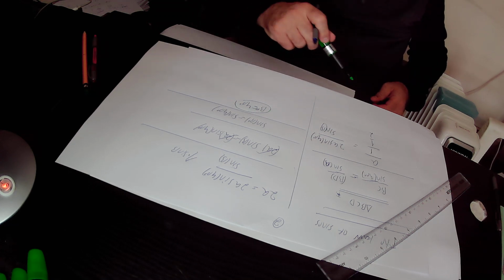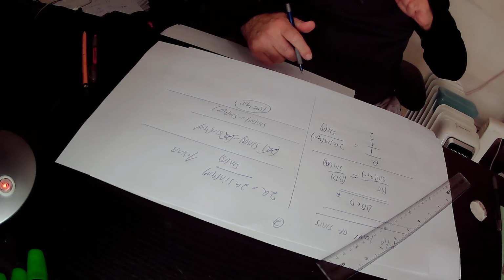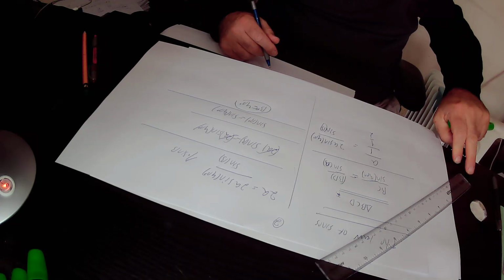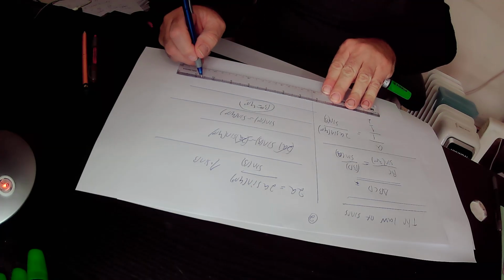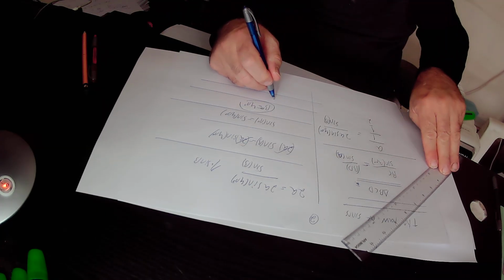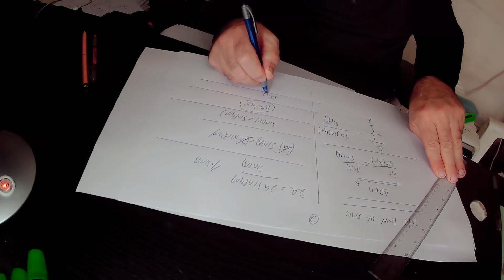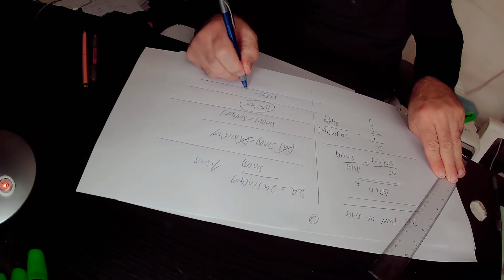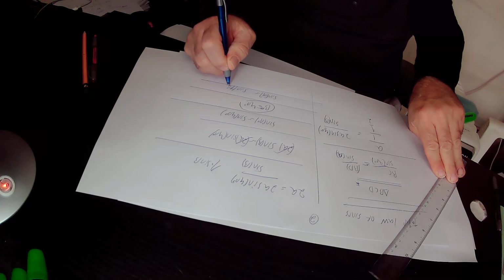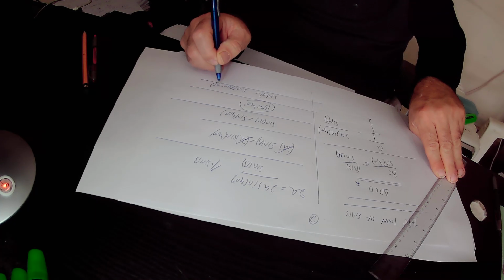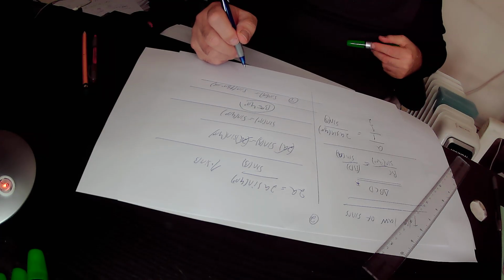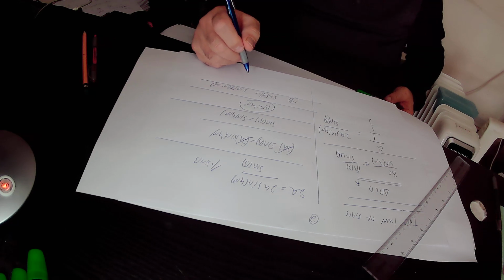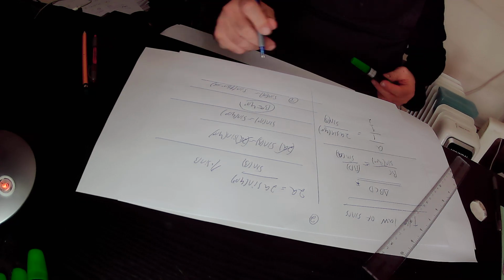Here we use the third trigonometric identity. According to the third trigonometric identity, sinus alpha equals sinus 180 degrees minus alpha.